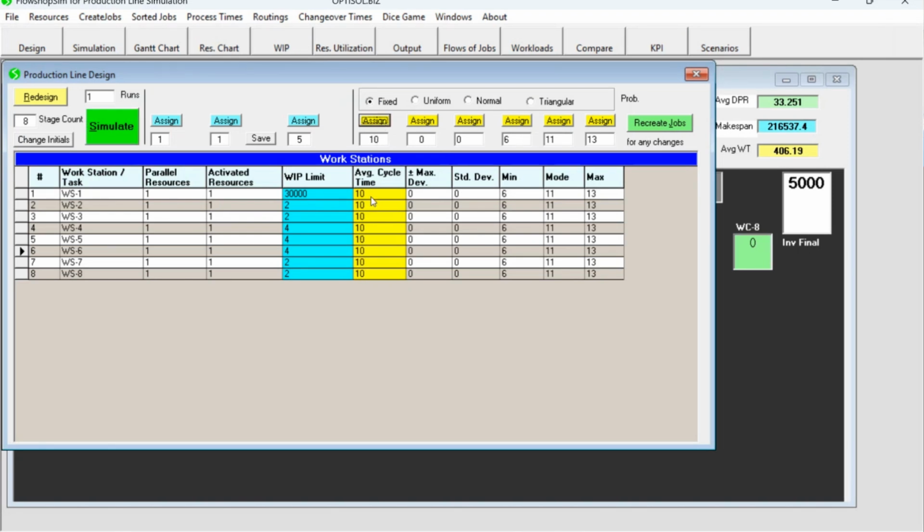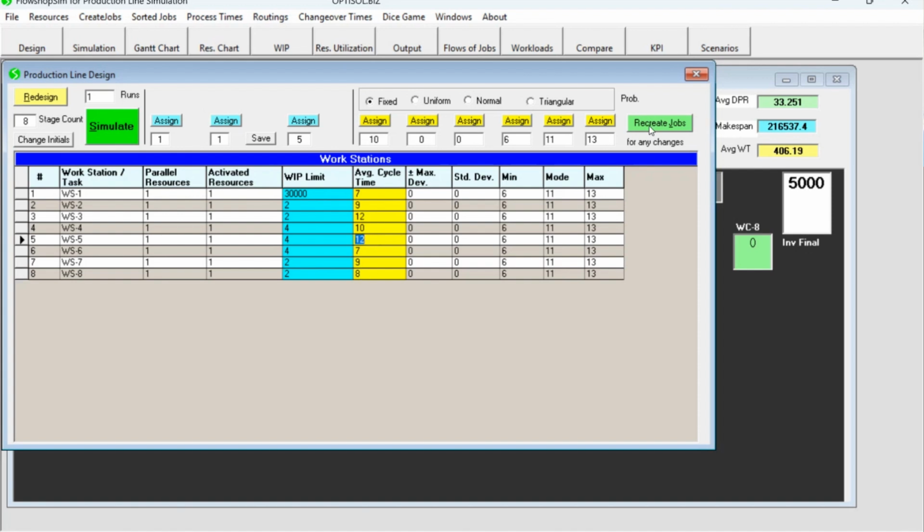Let me assign different numbers, like cycle times 7, 9, 12, 10, 12, 7, 9, 8.